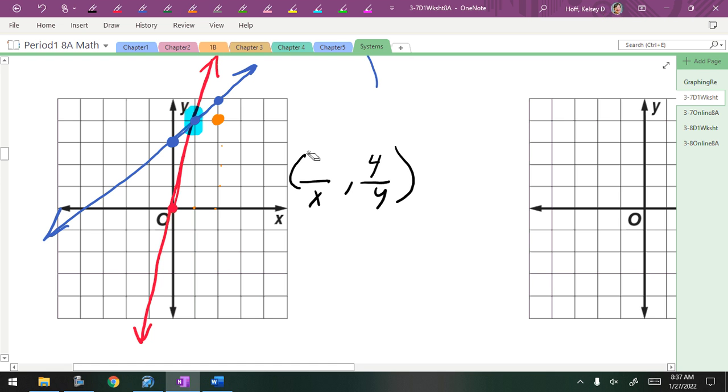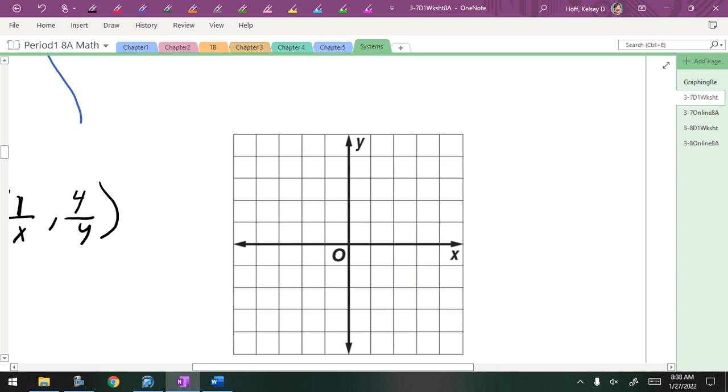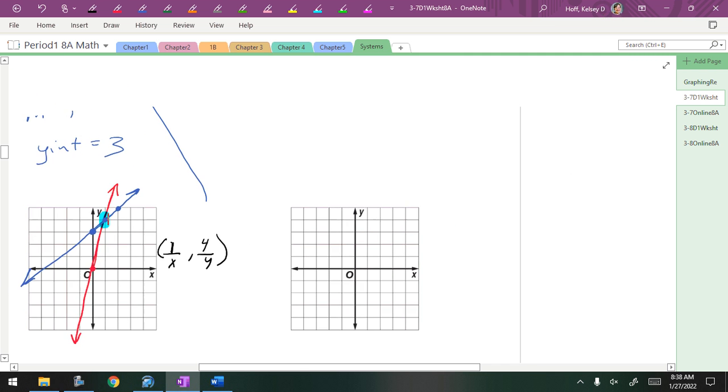Don't count where you set your pencil down. Bryce. Very good. X is 1, Y is 4. Okay, go to the right. Don't go down, go to the right.